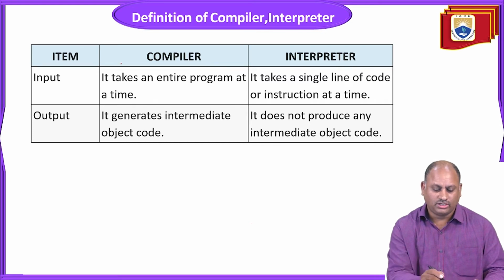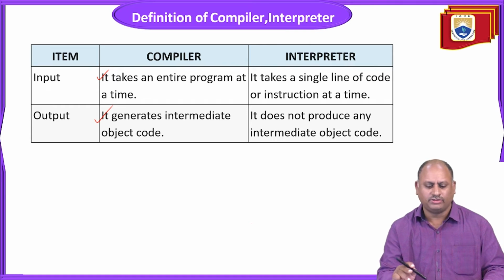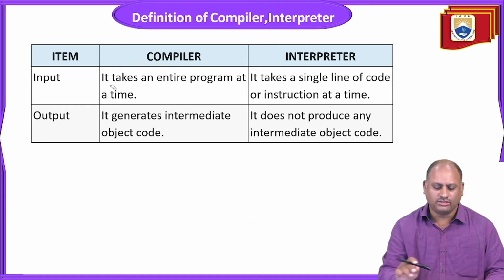That is the first line, the first statement, and then the output, then the second one. That is, the .exe files, .obj files, and .class files are generated as part of the compiler, whereas these types of files cannot be generated in the case of an interpreter.